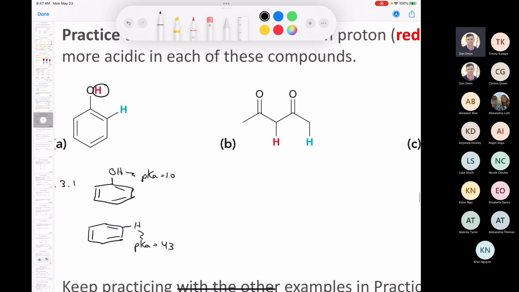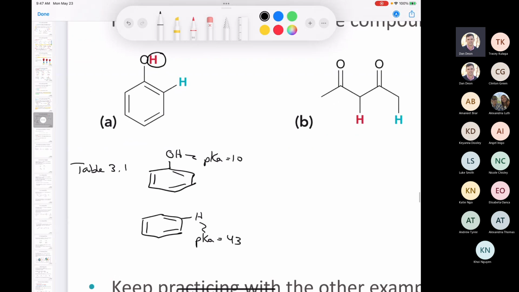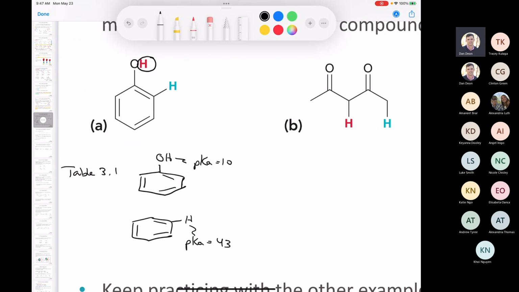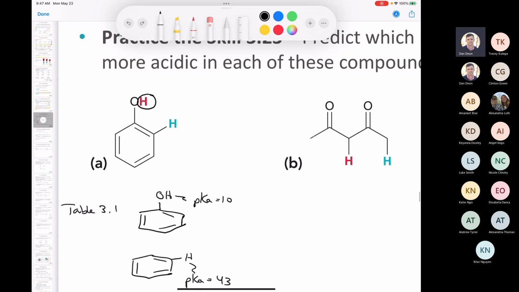All right, let's take a look at the next one. Actually, let's back up and take another look at this one. Let's say you didn't know either of these pKa's. Could you use ARIO to solve this? If you look at the proton in red and the proton in blue, the red proton is on an oxygen, and the blue proton is on a carbon.